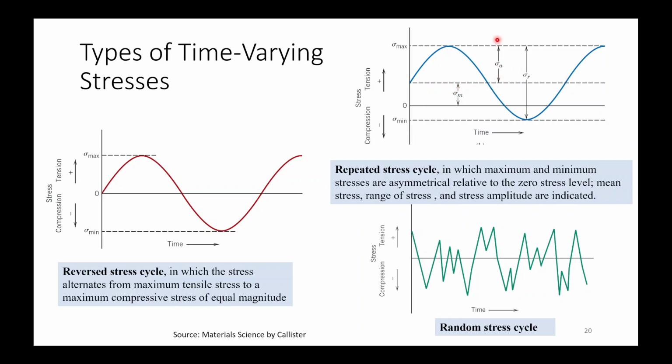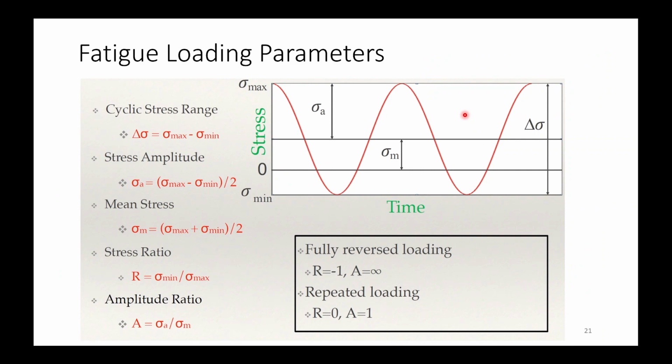Sigma a is the amplitude, varying up to the maximum, and the range will be sigma max minus sigma min. Mean will be the addition divided by 2. The formulas are given here.